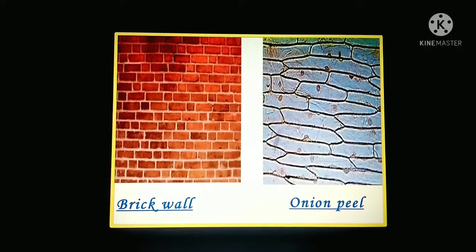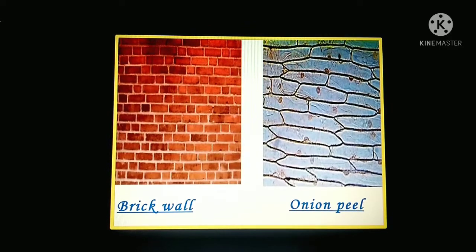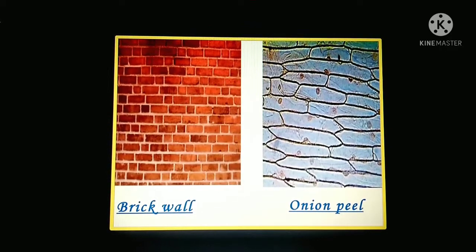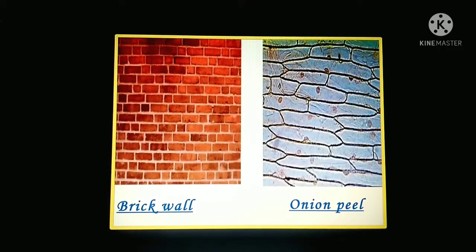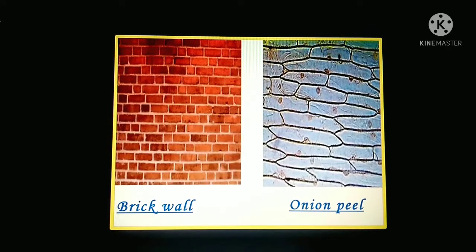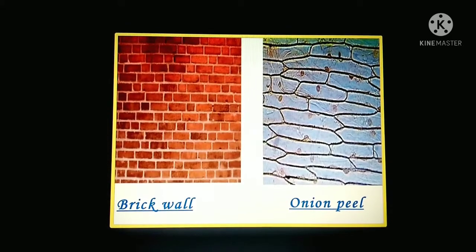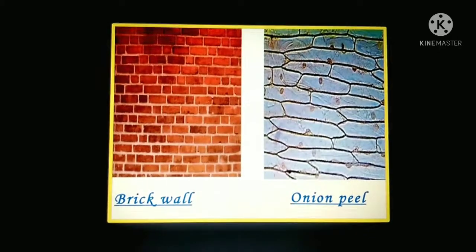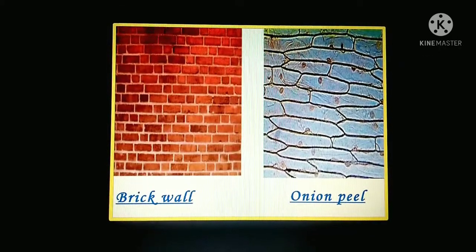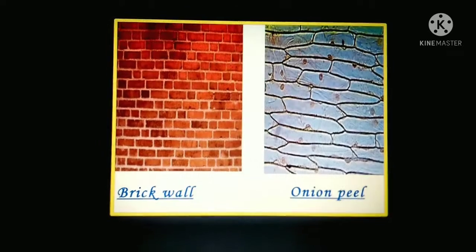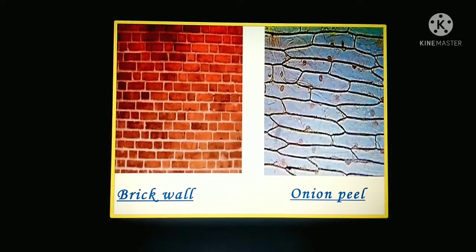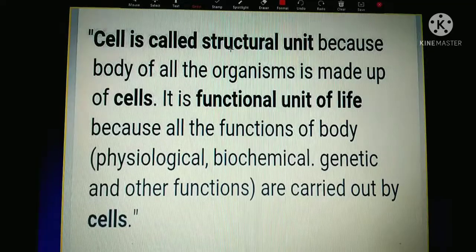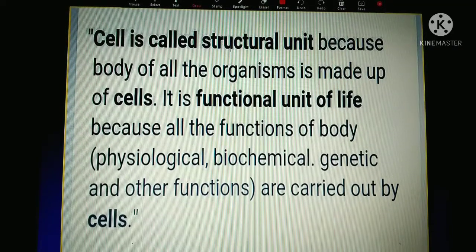It looks like a layer of compartments arranged one above another, like a brick wall or an onion peel. These compartments are known as cells. Why is the cell called a structural unit of life?